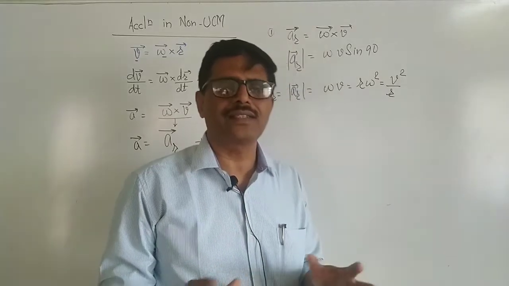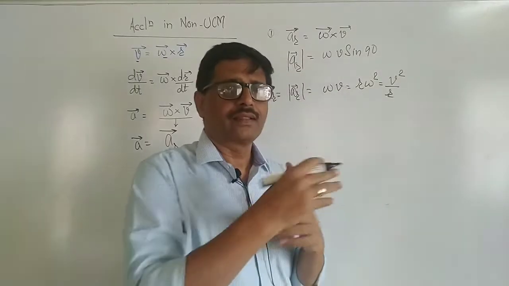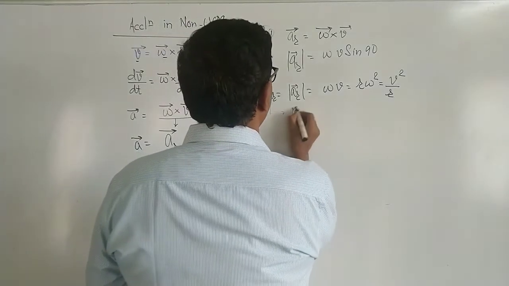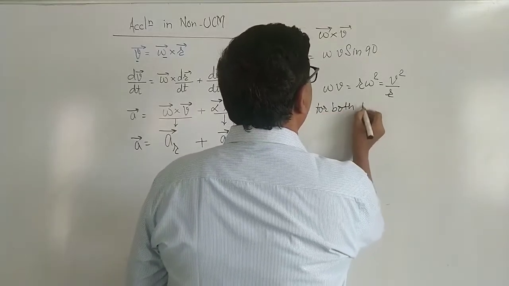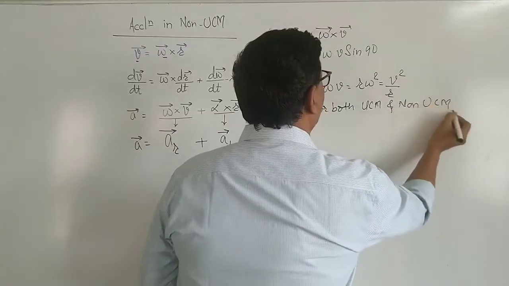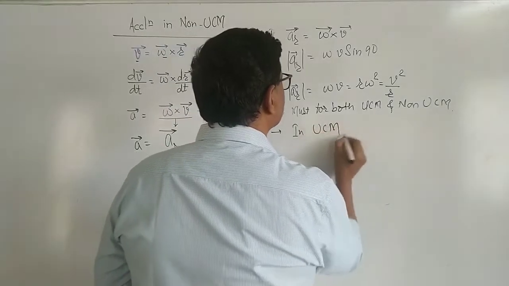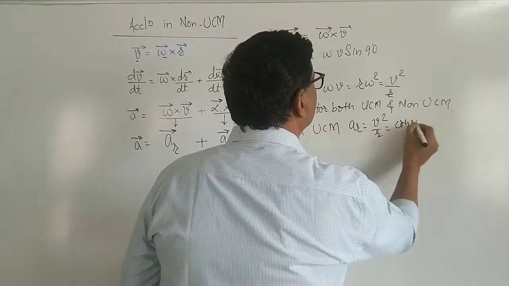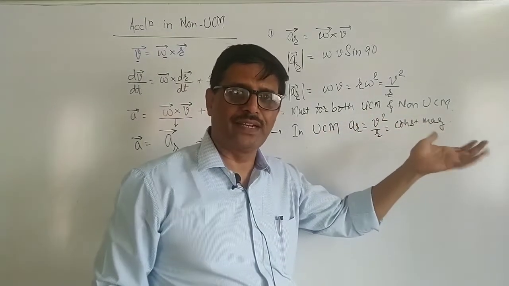As we know, this acceleration is to change the direction of velocity. Therefore this radial acceleration is a must for both UCM and non-UCM. In UCM, ar is equal to v square by r and has constant magnitude, because v has a constant value, the speed is constant.